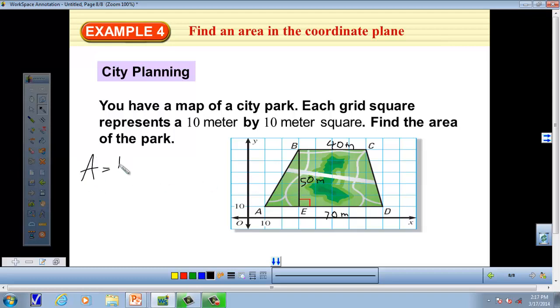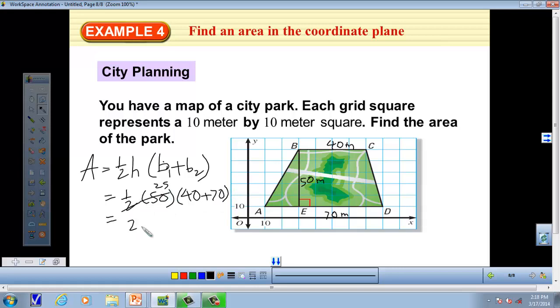Therefore, our formula is 1/2 the height times base 1 plus base 2. Let me try that over again. There we go. And the height here is 50, and that's equal to 40 plus 70. So half of 50 is 25. So we get 25 times 110.